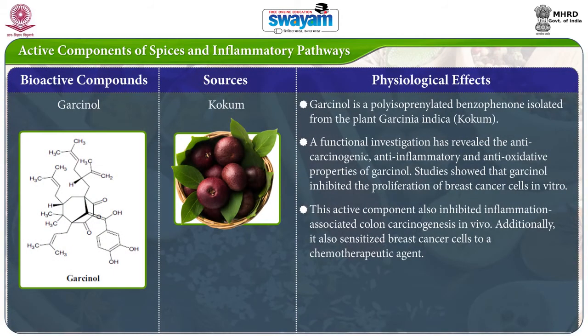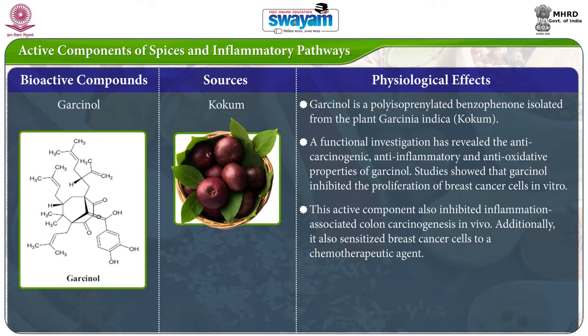Now, the next is garcinol. Garcinol is a polyisoprenylated benzophenone isolated from the plant Garcinia indica, that is kokum. A functional investigation has revealed the anti-carcinogenic, anti-inflammatory and antioxidative properties of garcinol.